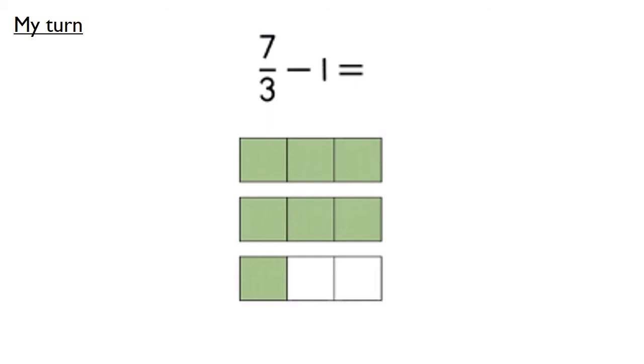And we know that one whole is the same as, excuse my writing, 3/3, because 3/3 is the same as a whole. So all we have to do is take away those 3/3. 1, 2, 3. So we are left with 4/3.